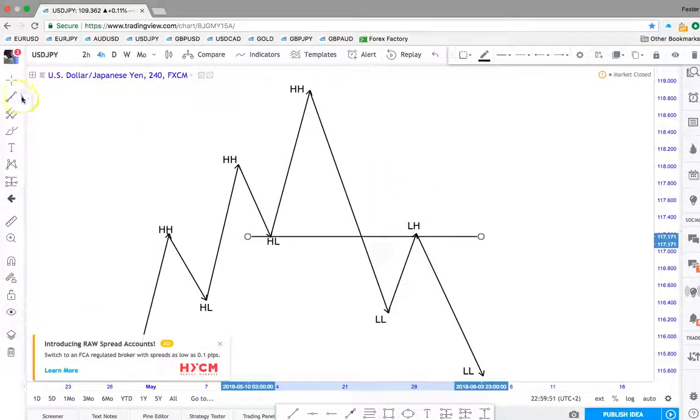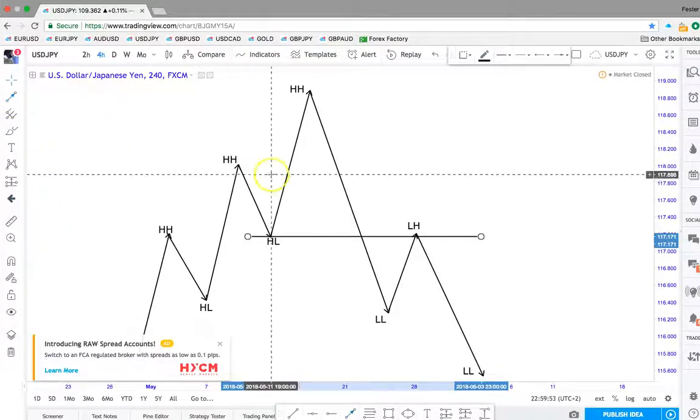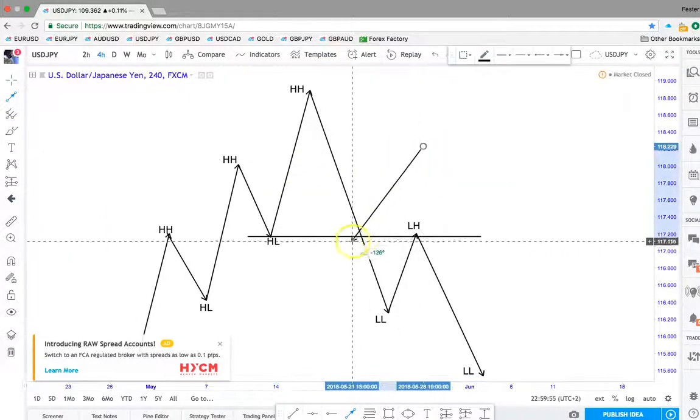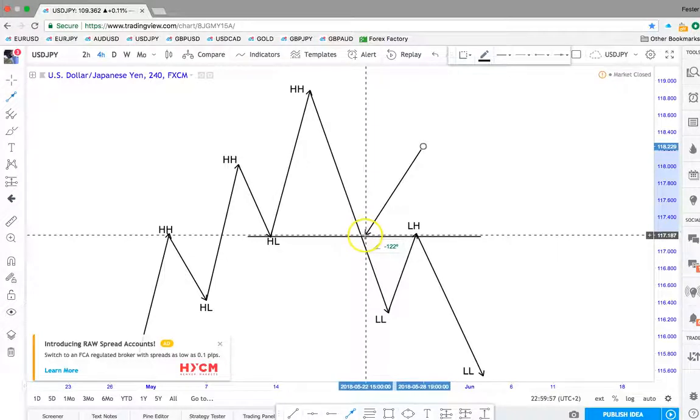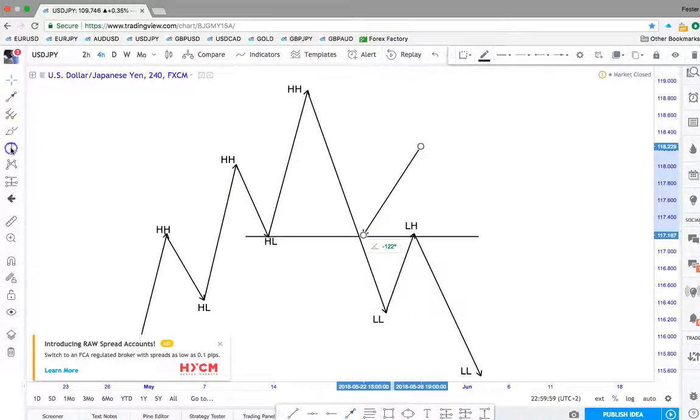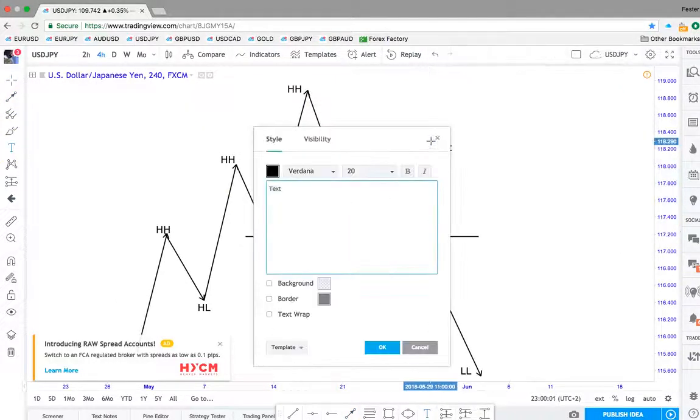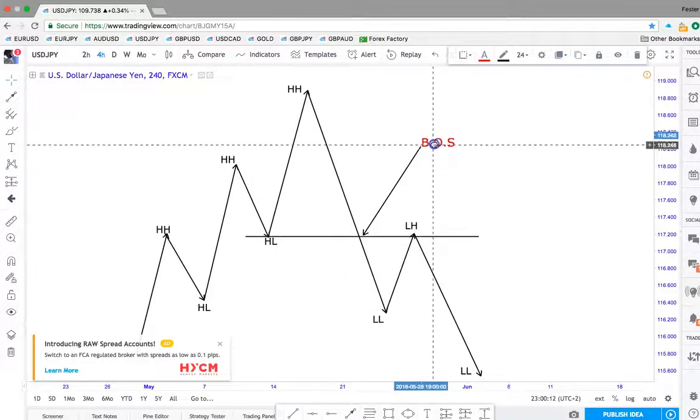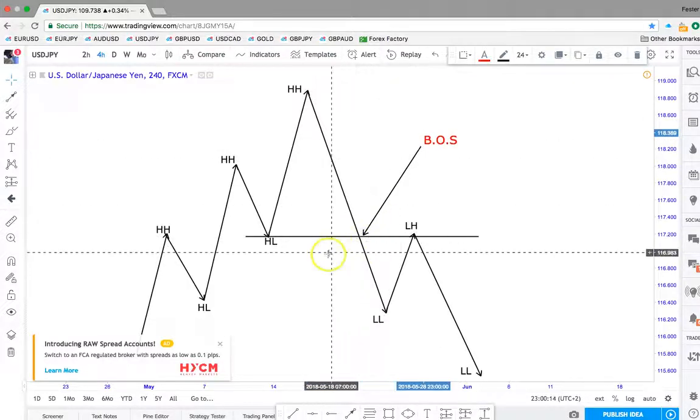This here is called, make it red, make it big, this is a break of structure, guys.